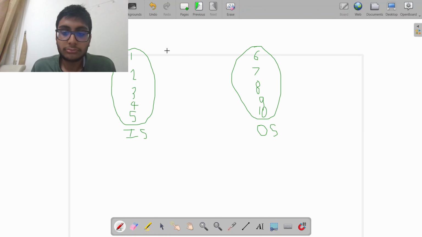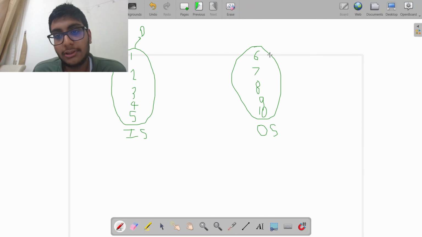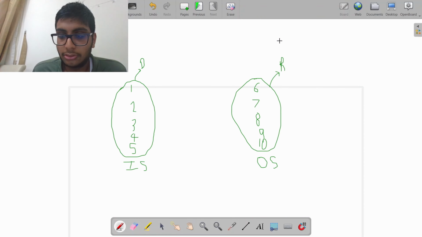Now, in here what happens is that if this is considered a space or a domain, this is considered as a range, because this is where our function acts. But the range is where our function acts. That's what you have to remember.